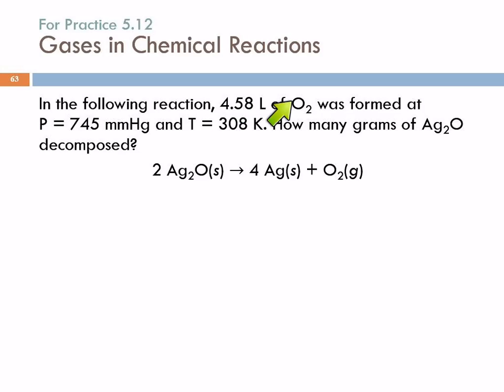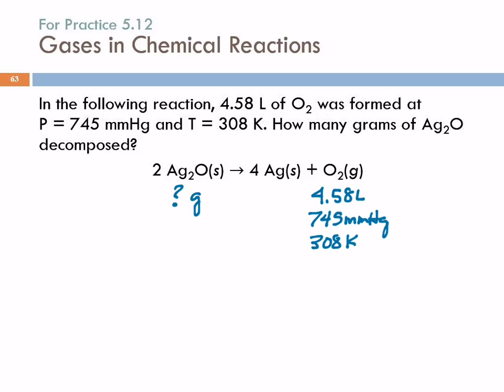So 4.58 liters of oxygen, I'm going to write that under oxygen. The pressure also applies to the oxygen, and the temperature is important. Those are the quantities we need to find the number of moles of oxygen. And the question is, how many grams of the Ag2O?